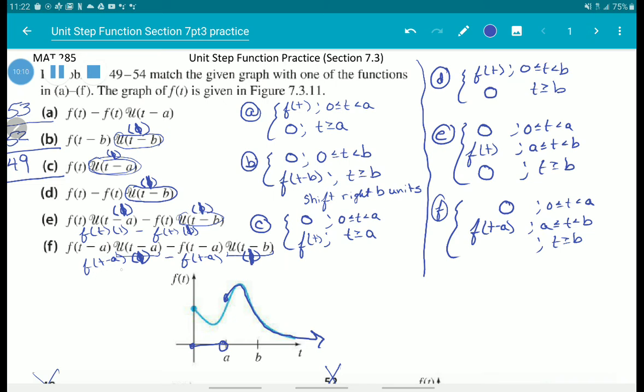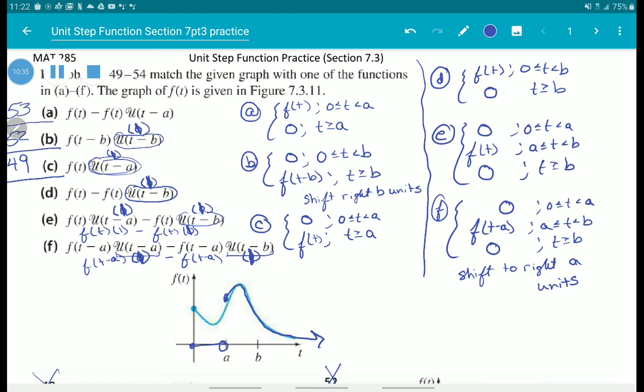So then we're going to have f of t minus a minus f of t minus a, which is going to be a 0 there. Now, notice we have f of t minus a, so this is a shift to the right a units. So we have a horizontal shift there, really similar to where we had a horizontal shift for b.